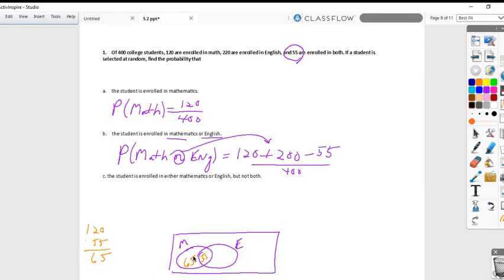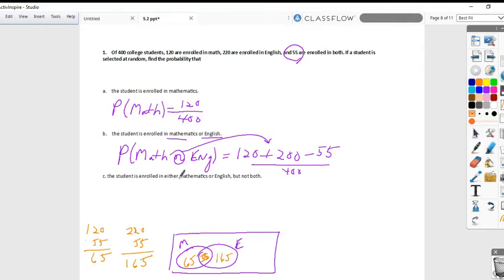I don't know why that keeps changing on me. Okay, now let's do our English. English, we have 220 minus 55. We get 165, so that's 165.